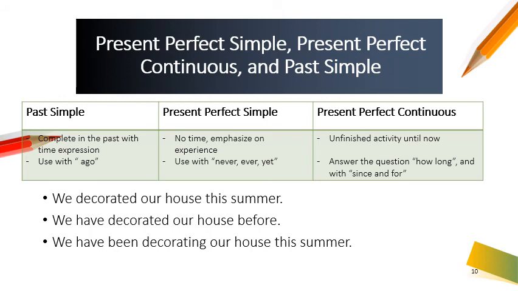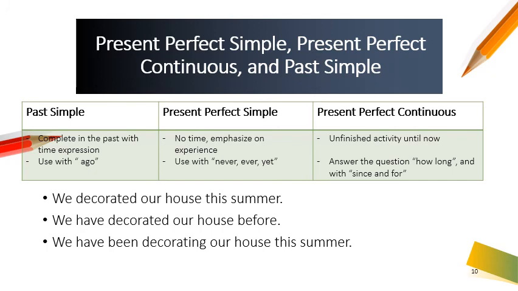Sentence number 2. We have decorated our house before. We don't want to emphasize the time when we decorated, but we just want to show that you can see my house looks new, looks nice, because we have decorated before. And the last sentence, we have been decorating our house this summer.